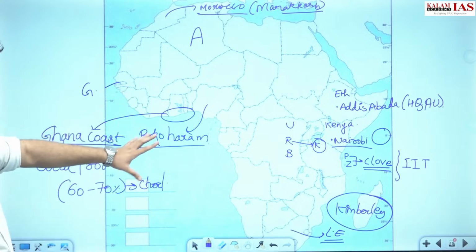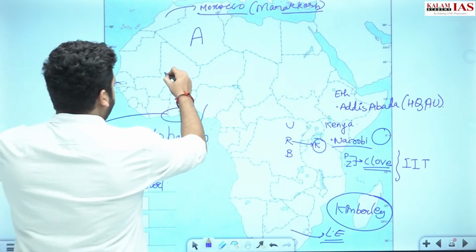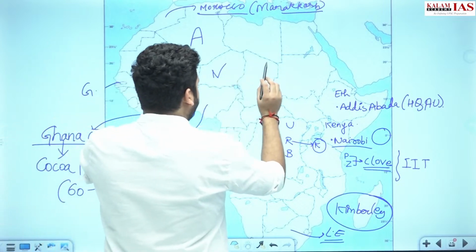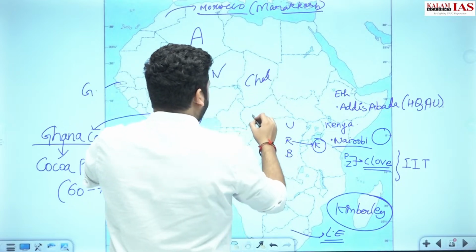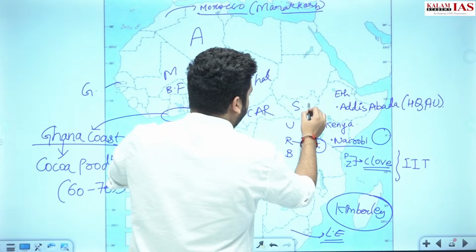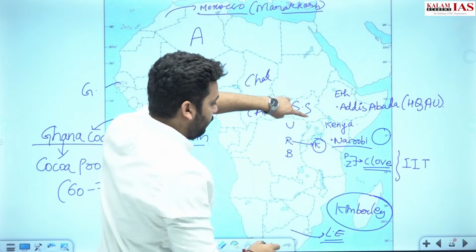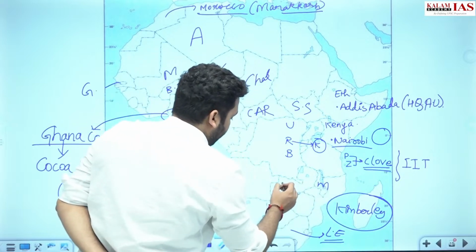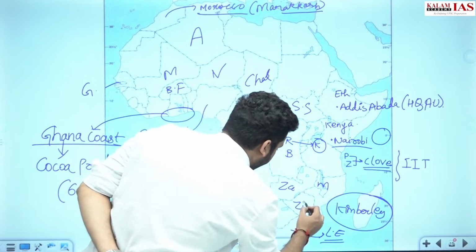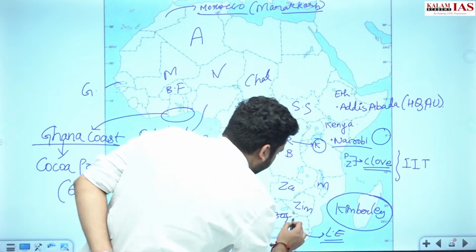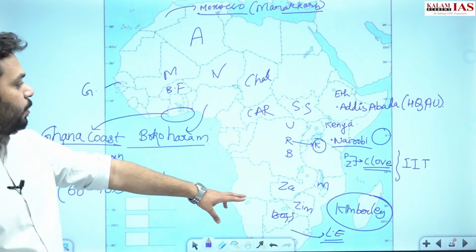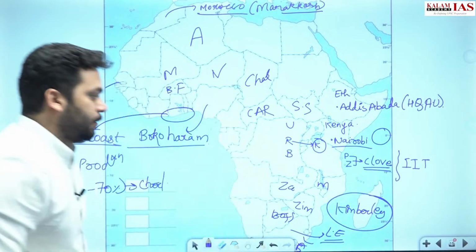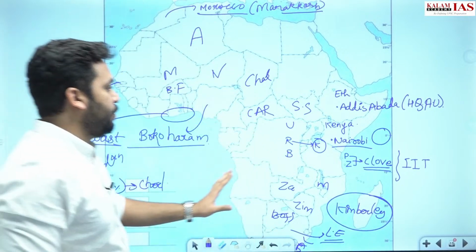Then we discussed the landlocked countries: Malawi, Burkina Faso, then Niger, not Nigeria, then Chad, Central African Republic, South Sudan, Ethiopia, then Burundi, Rwanda, Uganda, then Malawi, Zambia, Zimbabwe, Botswana, Lesotho, Eswatini. So these are the political entries which you should remember.